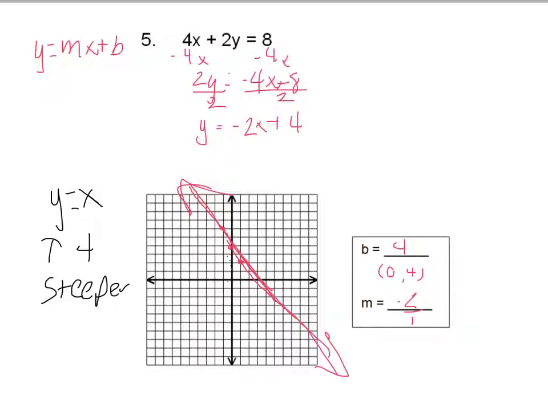And then that it has flipped. It's no longer a positive slope, but now it's a negative slope. I just wanted to pull in that parent function so that we could see how this line compares to the parent function, y equals x.